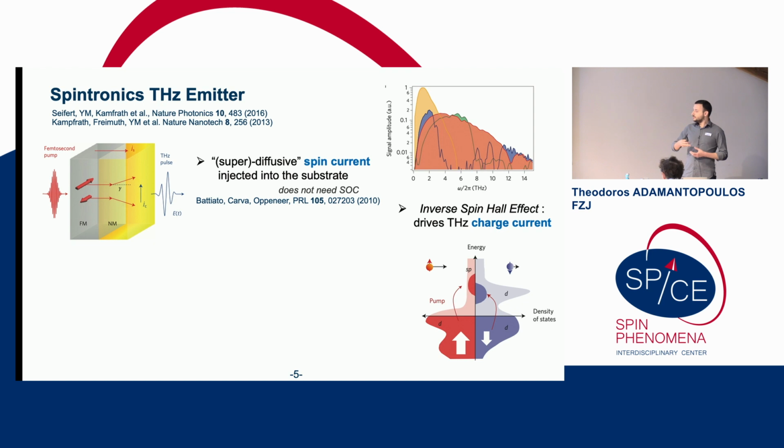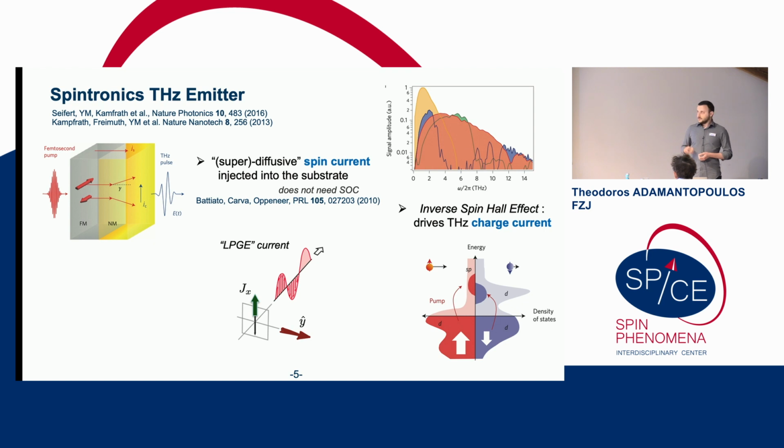Then it flows through the non-magnetic layer, and it is converted into an in-plane charge photocurrent due to the inverse spin Hall effect. From this charge current, a broadband terahertz pulse is emitted, which is the trademark of the spintronics terahertz emitter.